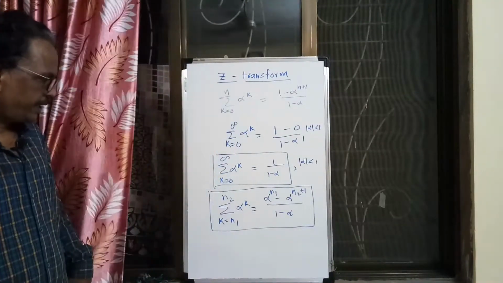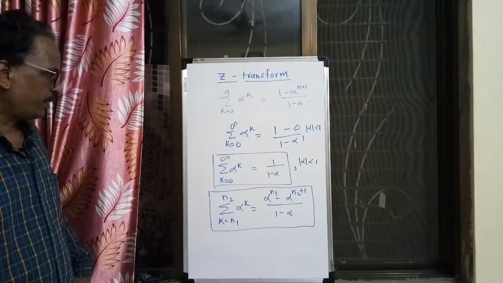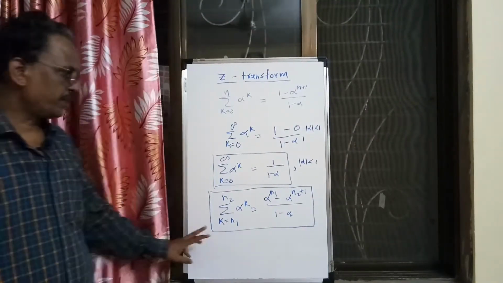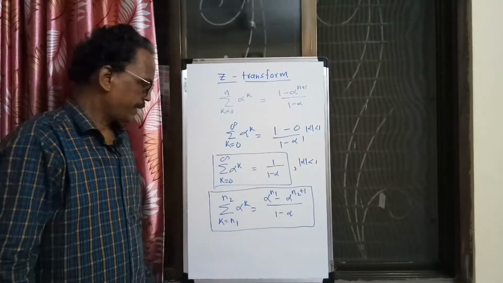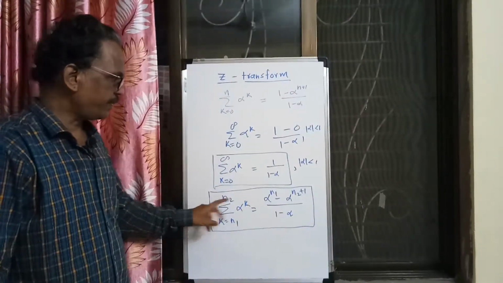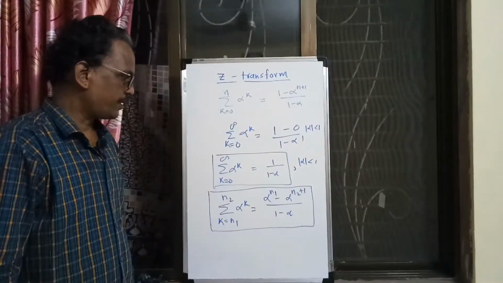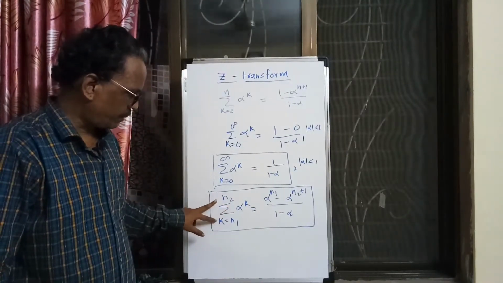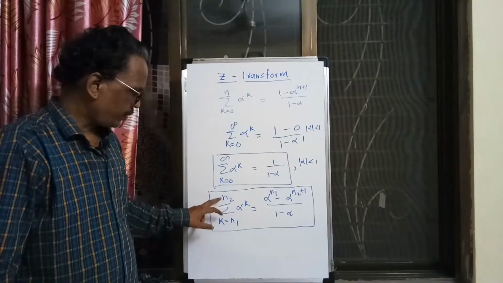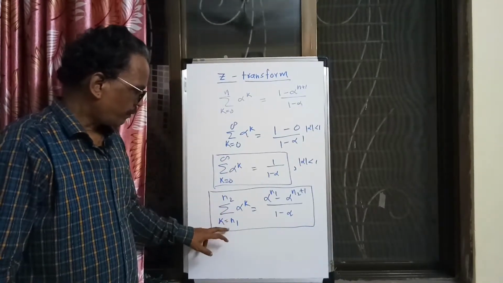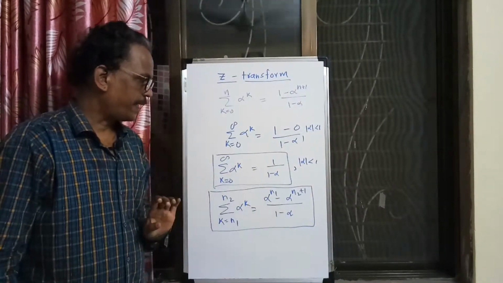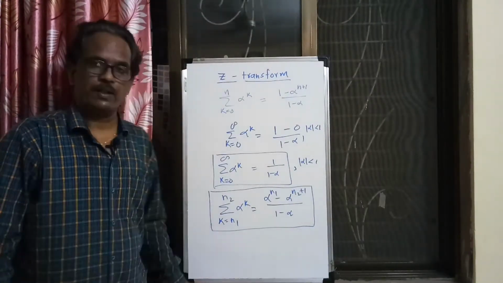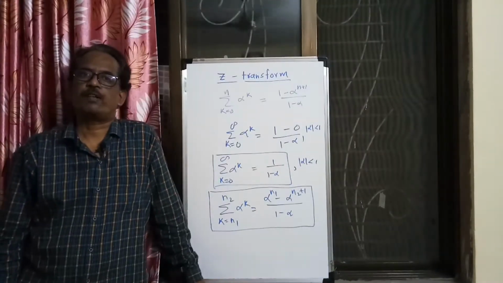So the sum from n1 to n2 of alpha raised to k is (alpha raised to n1 minus alpha raised to n2 plus 1) divided by 1 minus alpha. This is another formula which is also required many times. Here if n2 is infinity, this term will go out if alpha is less than 1. Here in this case this formula can be used whatever may be the value of alpha, as long as n1 and n2 are finite values. So this is for a general value of alpha.